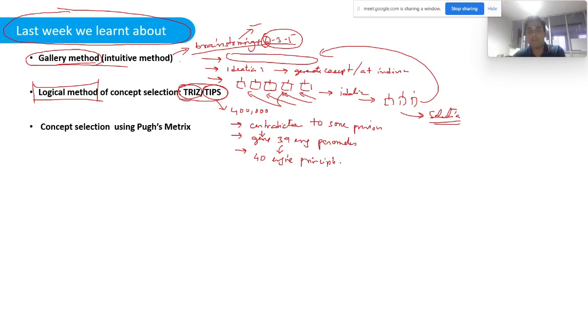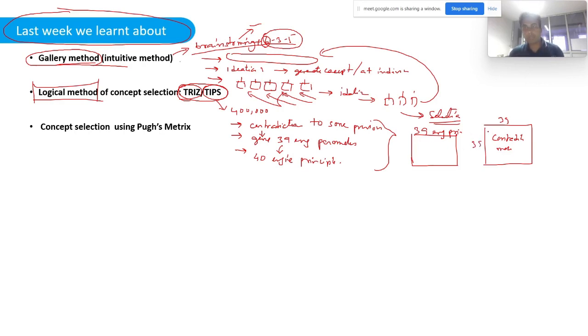So what we have as a tool in the TIPS method is a list of 39 engineering parameters which is already available. Then we have a contradiction matrix, which is a 39 by 39 matrix of these engineering parameters.